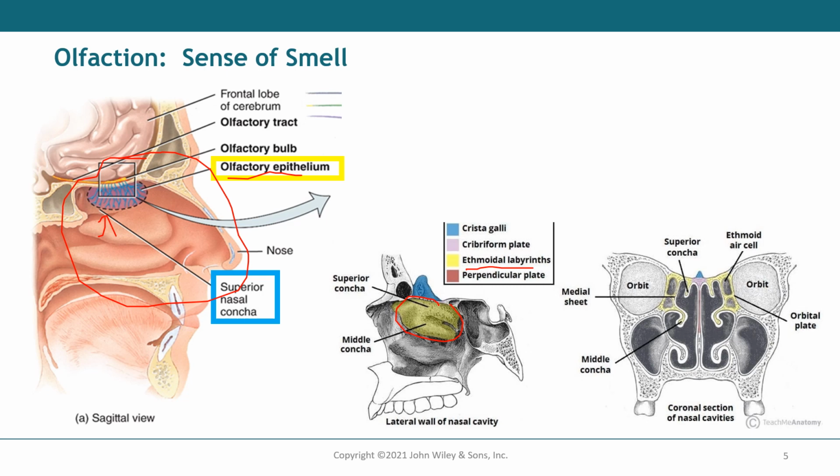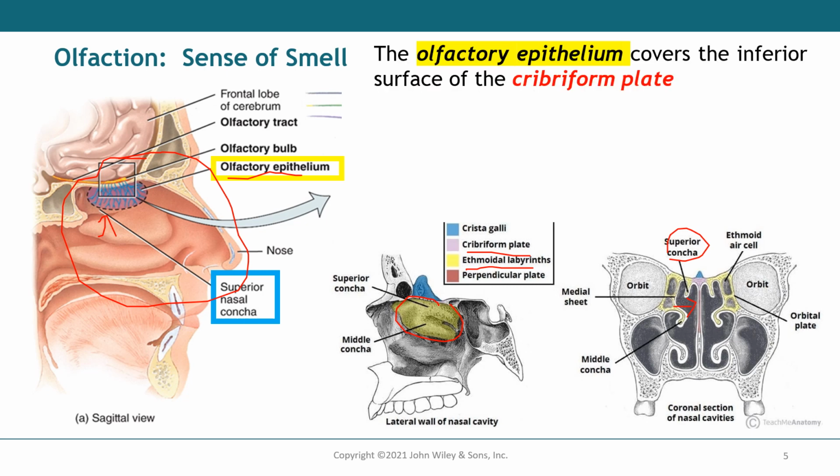One of them is the superior concha, a small curved plate of bone located in the labyrinth of the ethmoid bone. In addition, you have the cribriform plate, located here. Just to remind you, we were talking about this very important epithelium, the olfactory epithelium, and in the following slides we will dissect each of its components.